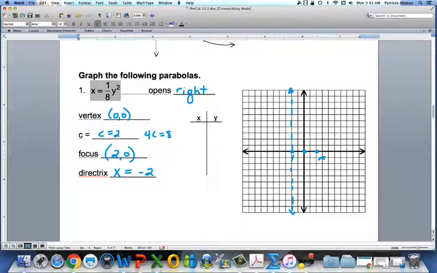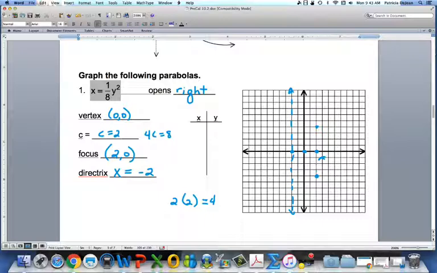And then we're going to go 2 times c, 2 times 2, is 4 spaces away from the focus, up and down. 1, 2, 3, 4. 1, 2, 3, 4 for the other 2 points on the parabola.